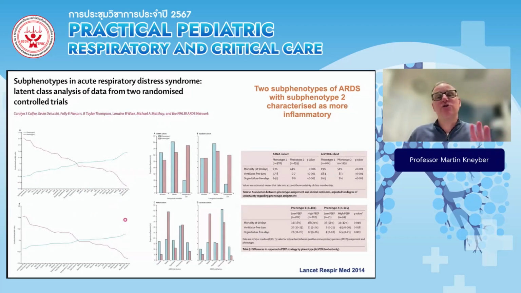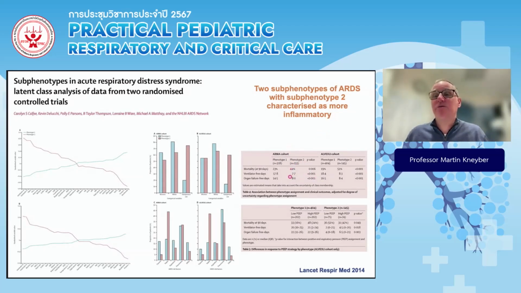Then they found that there were two distinct phenotypes, a hypo-inflammatory phenotype and a hyper-inflammatory phenotype. The difference in phenotype corresponded with specific interventions and the clinical expression of these patients. But even more interesting, there was a difference in outcome in the two phenotypes.